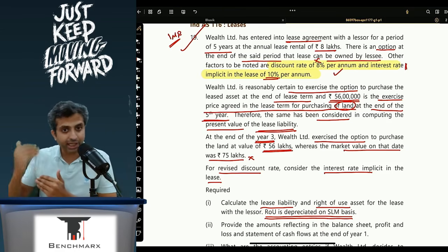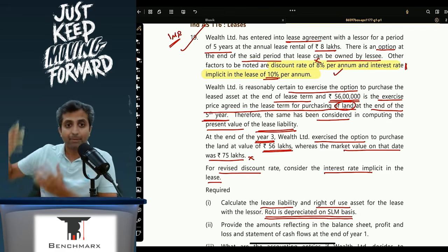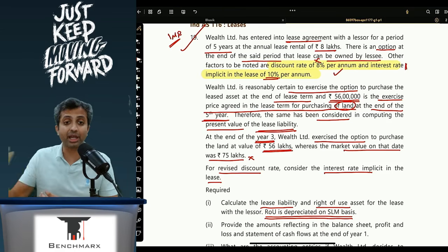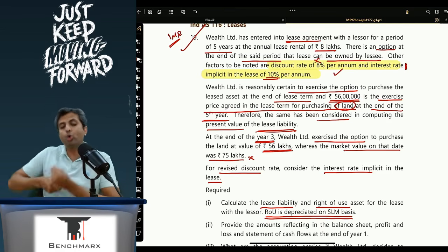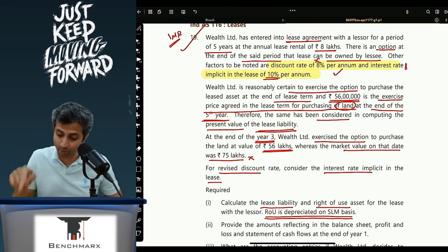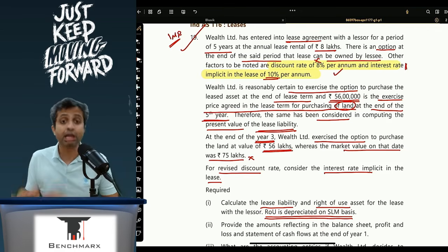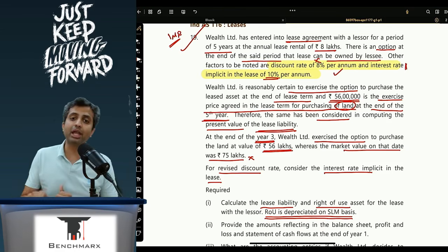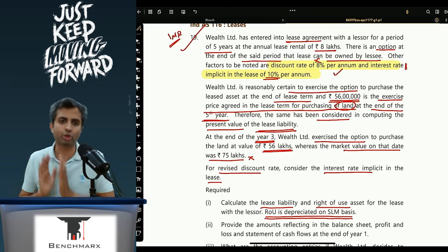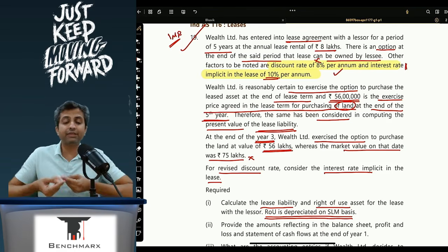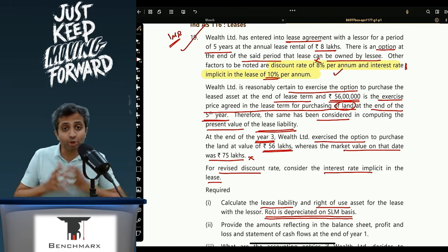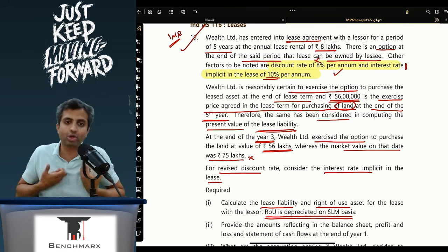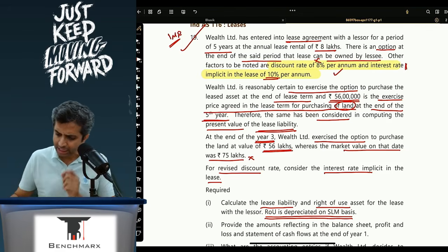Yes, land has an indefinite life, and hence you should not depreciate, because you are going to own this land ultimately. However, since the question has told you to depreciate on a straight line basis, the institute has depreciated over the 5-year lease period, and we will also do that. Though technically, if there's a purchase option which is likely to be exercised, you don't depreciate over the lease term, you depreciate over the useful life of the asset, because the asset is going to be with you only.